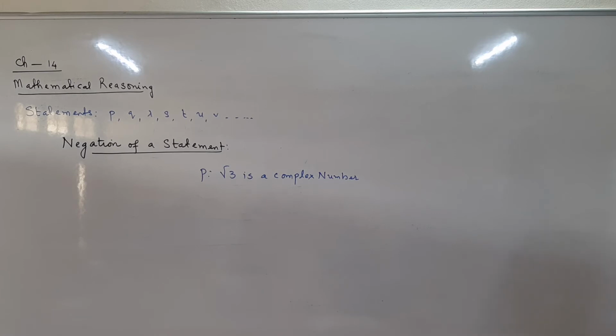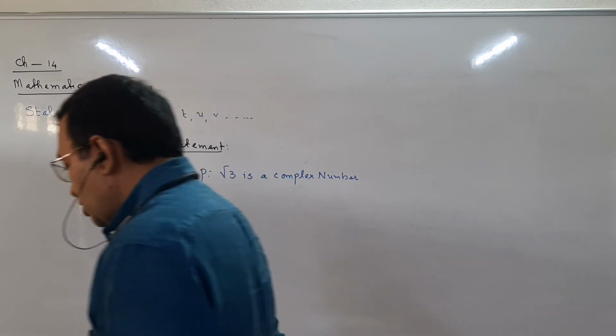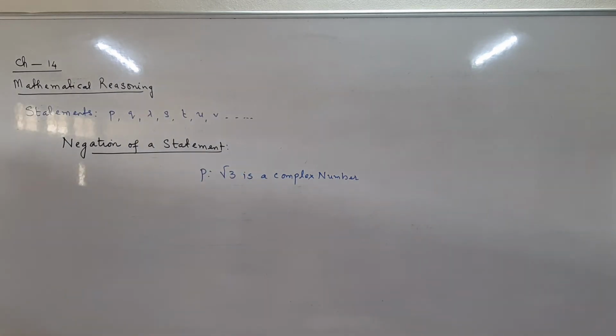The denial of the truth value of a statement is called its negation. If the statement is true, its negation will be the opposite of true, which is false. And if the statement is false, its opposite will be true. Negation means not.